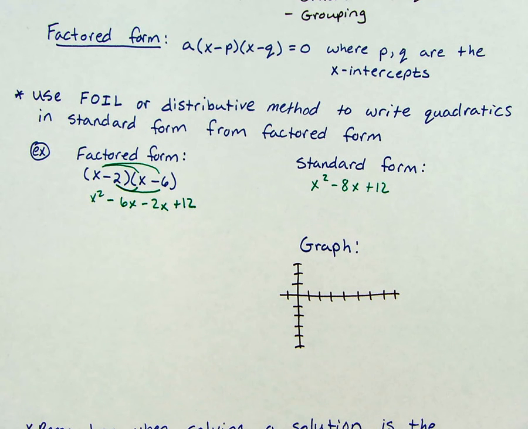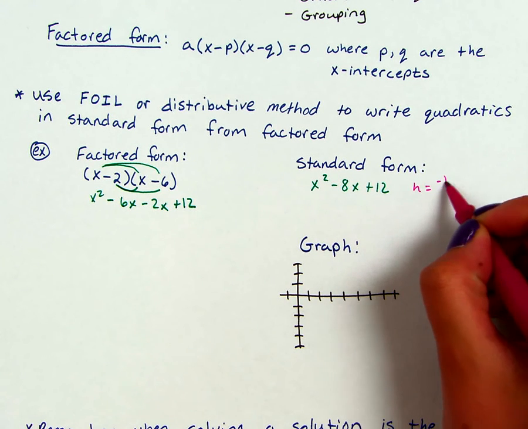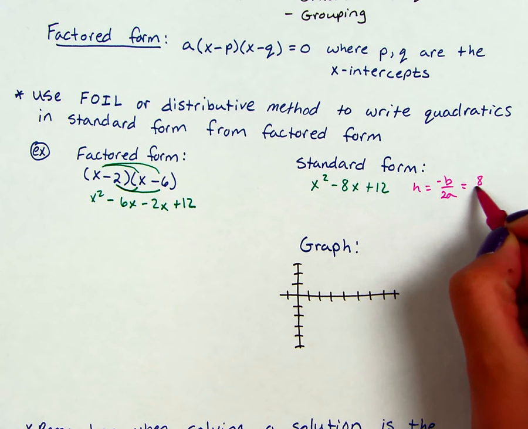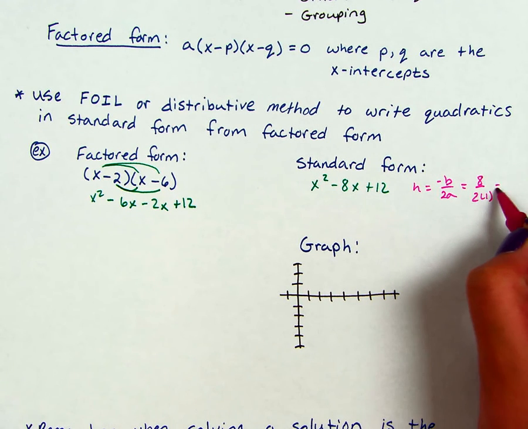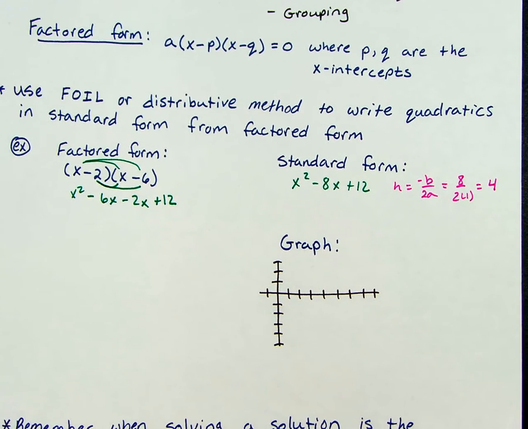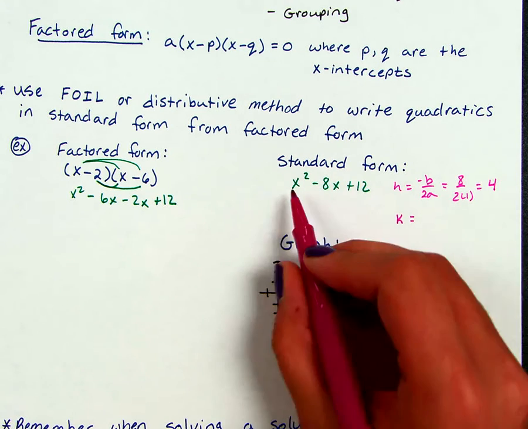Now if we want to graph, we need our vertex. We're using h equals negative b divided by 2a, so this would be positive 8 over 2 times 1, which simplifies to 4. And then for our k value, we just substitute 4 in for the x.